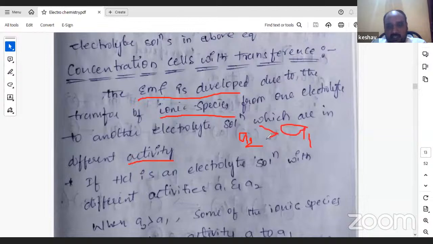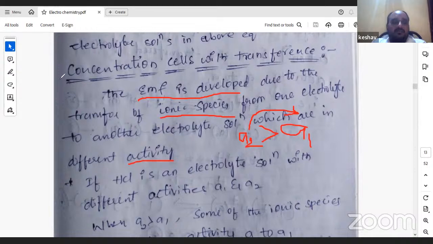I am going to say that A2 is always greater than A1, so the activity of solution 2 is more. Therefore the ionic species is transferred from A2 to A1, that is, from high concentration to low concentration, or from high activity solution to low activity solution.